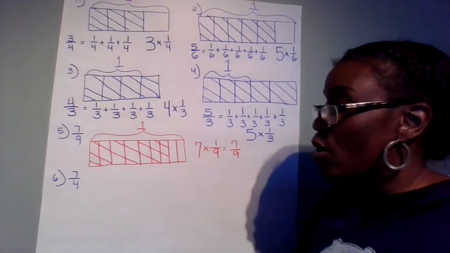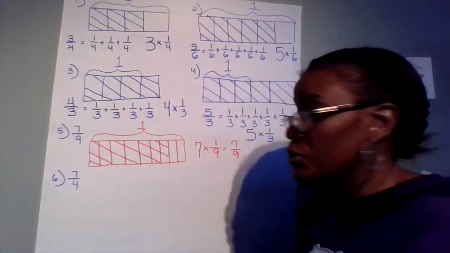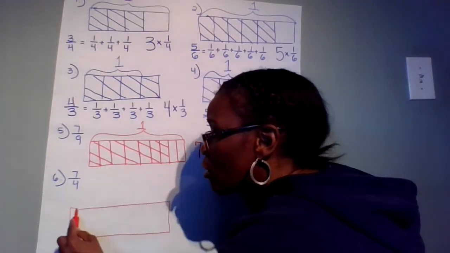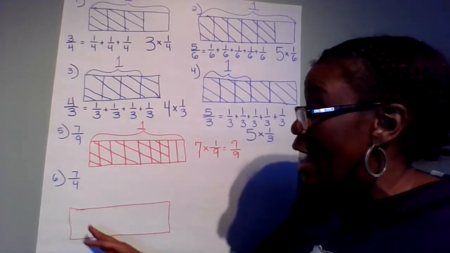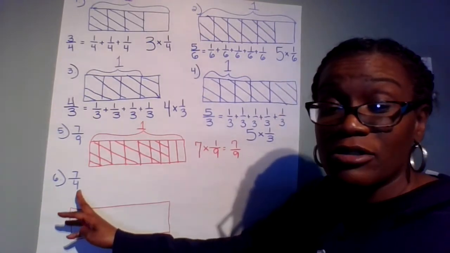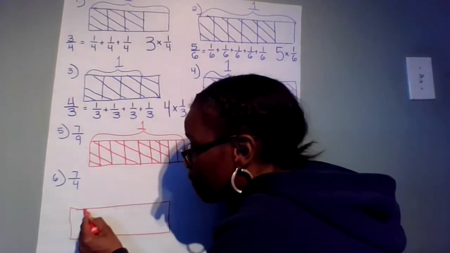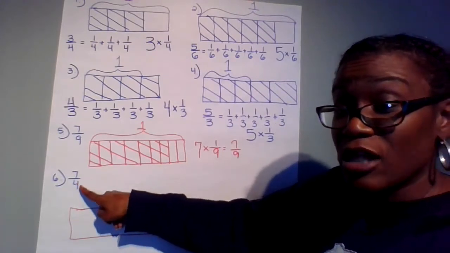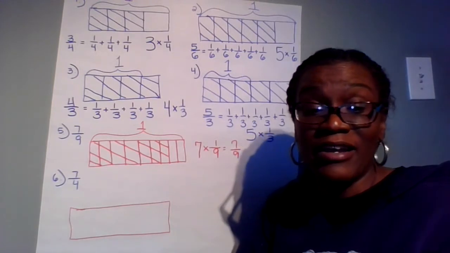Let's do one more. We have 7/4. So again, we need to draw a rectangle. Don't worry about if it's perfect or not. Now, how many parts are going to be in our whole? 4 parts. But because our numerator is larger than our denominator, we have what kind of fraction again?